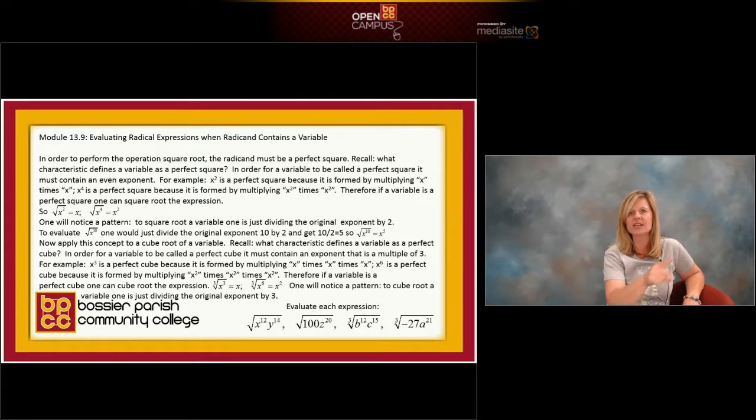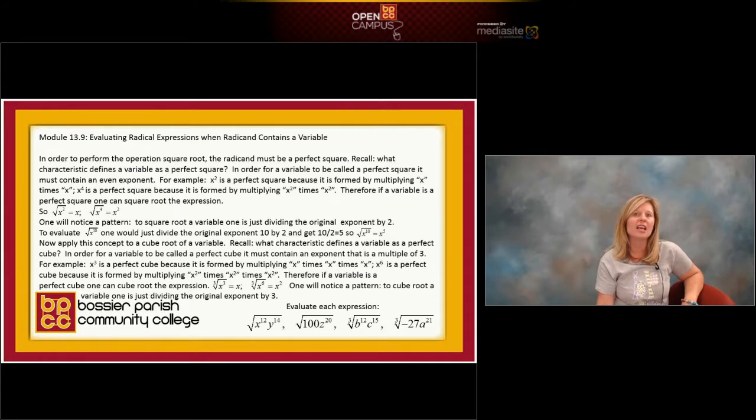You're multiplying the same variable 3 times. Your next perfect cube is formed by taking x squared and multiplying it 3 times. So x squared times x squared times x squared is x to the 6th.